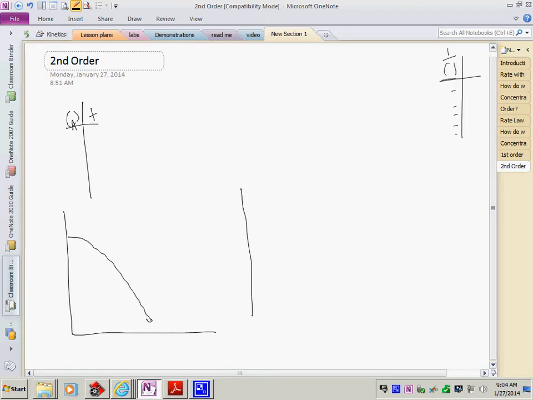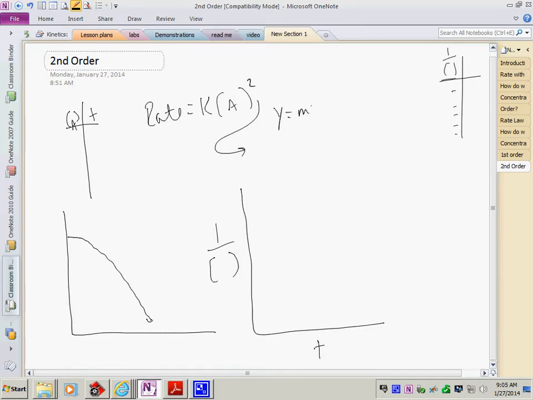Mathematically, they say, okay, well, let's come up with a relationship that's going to help more easily represent these. And it turns out that 1 over the concentration versus time works. These relationships are purely mathematical. You could go online and find how they go from rate equals K, concentration of A to the second power, calculus-wise, into our new equation, which is going to be a y equals mx plus b equation, and you can find that derivation.